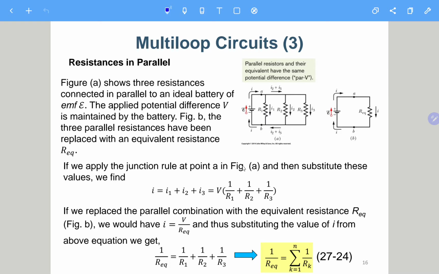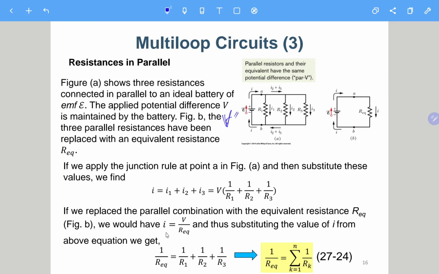I1 is V over R1, I2 is V over R2, and I3 is V over R3. So we can factor out V, using V instead of E. For the equivalent circuit, we replace this parallel resistance with this one.